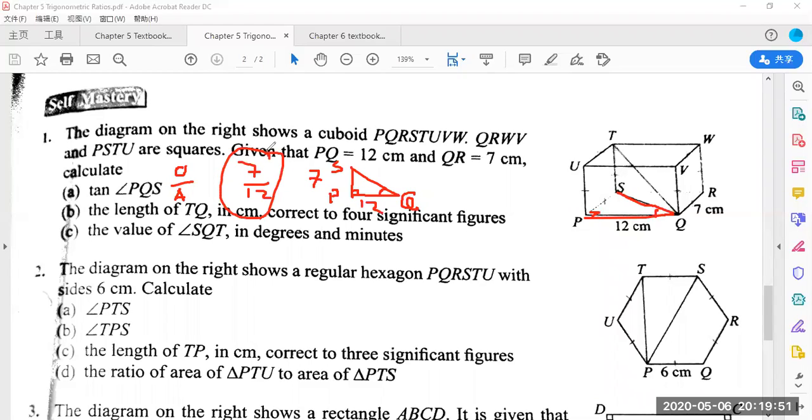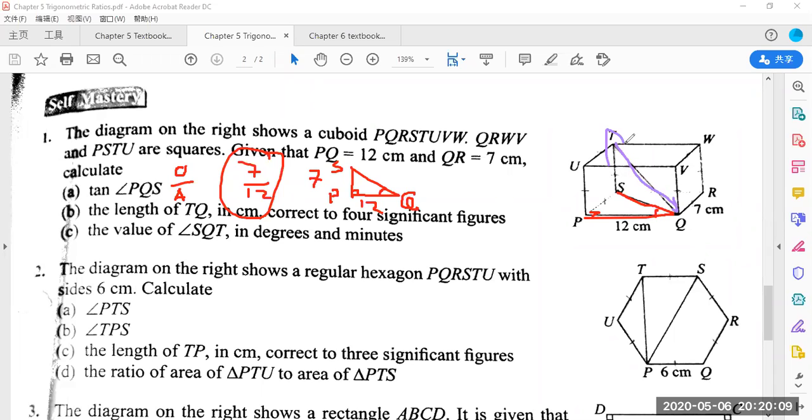And for B, you need to find the length of TQ, in cm, correct to 4 significant figures.